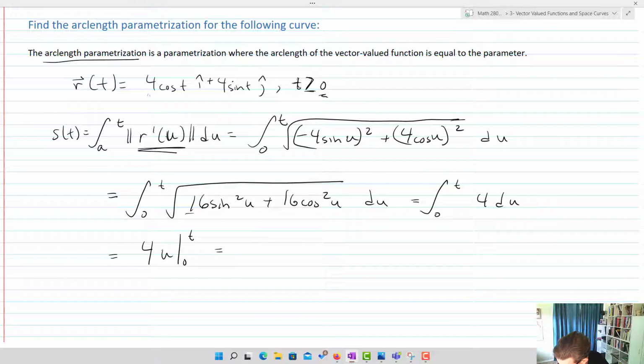Hence we get 4t minus 0, which just equals 4t. That's the arc length function, s of t.